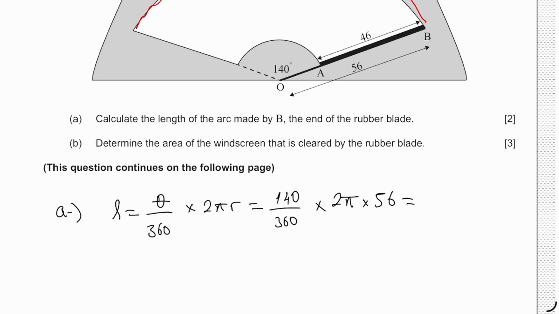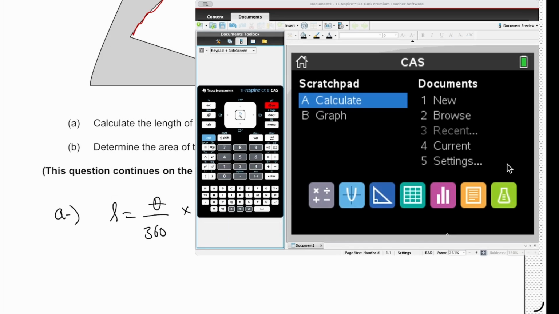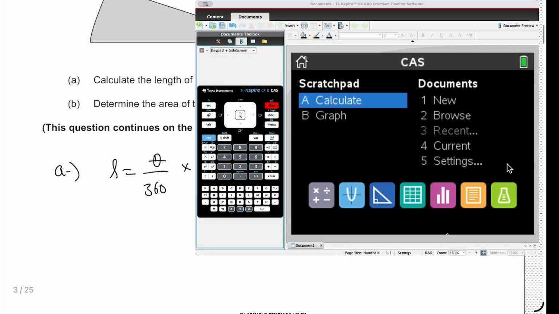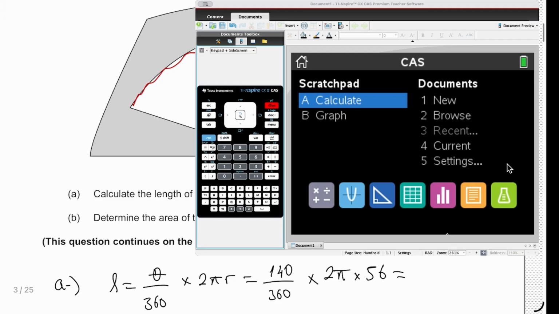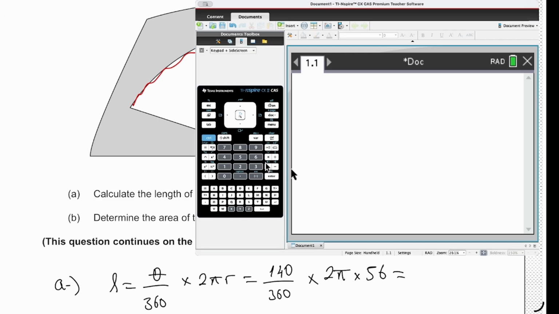You can calculate this by calculator. How do we calculate it, guys? Let me show you. Go to calculate, right?